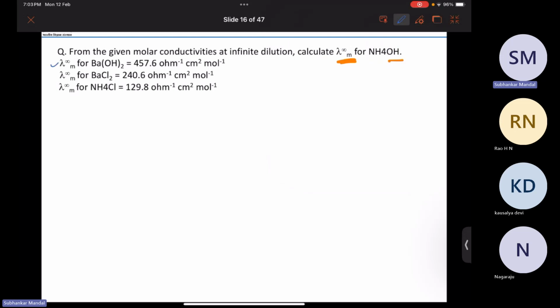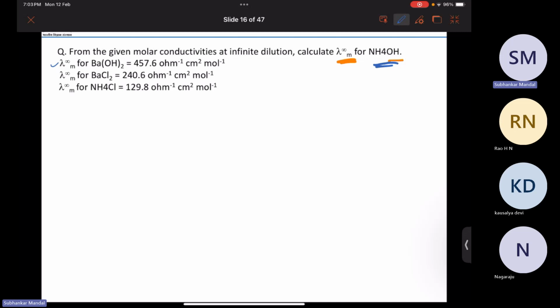They have given the conductivity values of different compounds, but you have to calculate from there the conductivity value of ammonium hydroxide. So how can we get this value? First we see what things they have given. According to Kohlrausch's law, we have to think in that way.